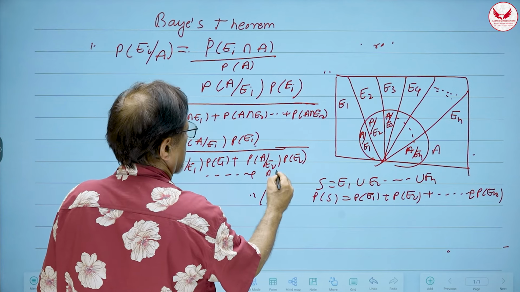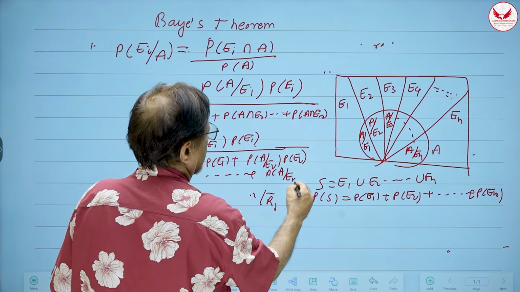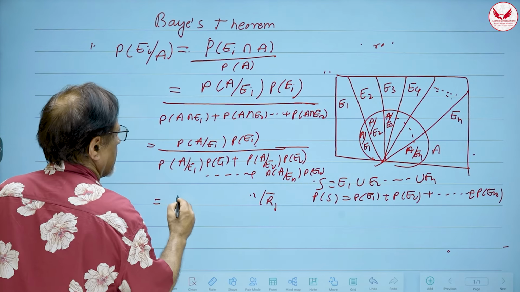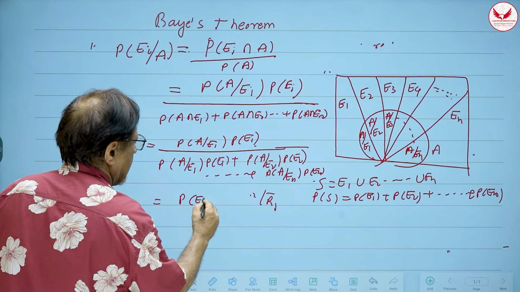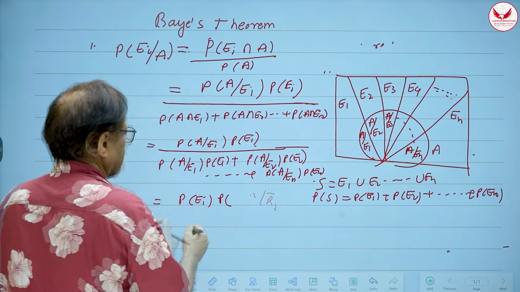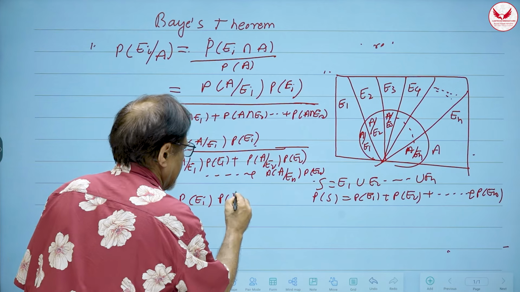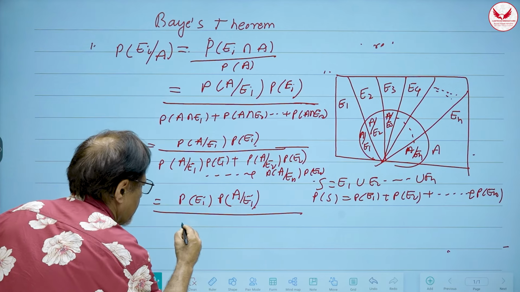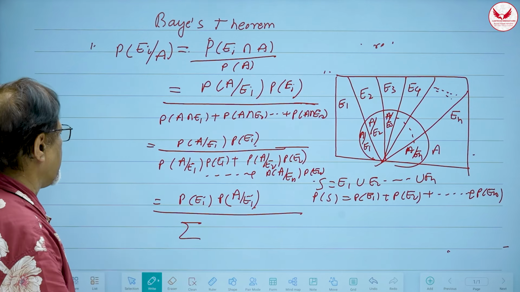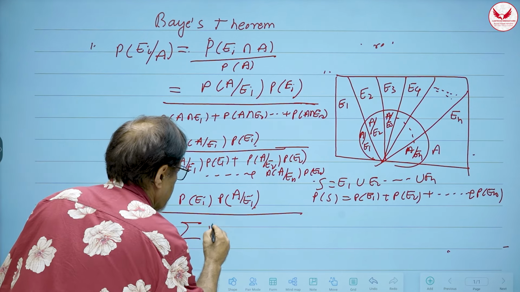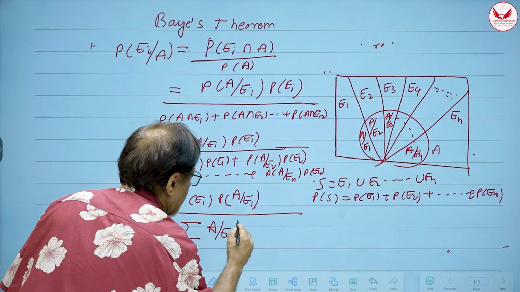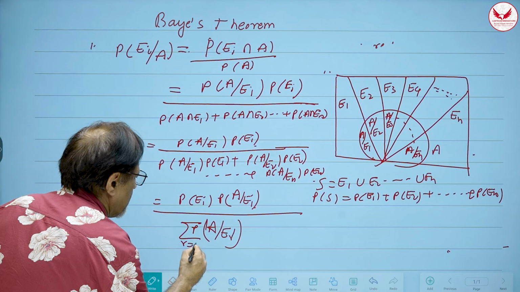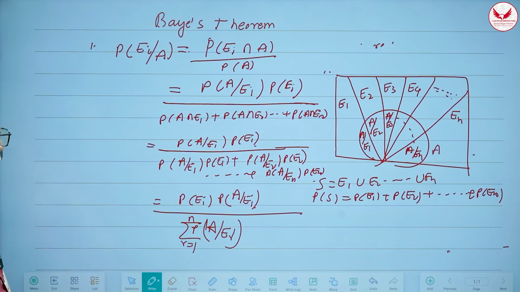The last will be probability of A by En multiplied by probability of En. Correct? So that means it is probability of Ei multiplied by probability of A by Ei. Okay? And this is a total summation, so I am going to write it as sigma. What is sigma? Probability of A by Er multiplied by probability of Er, where r varies from 1 to n. Summation of all this, right?